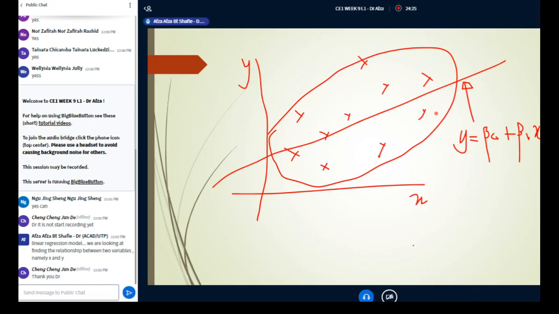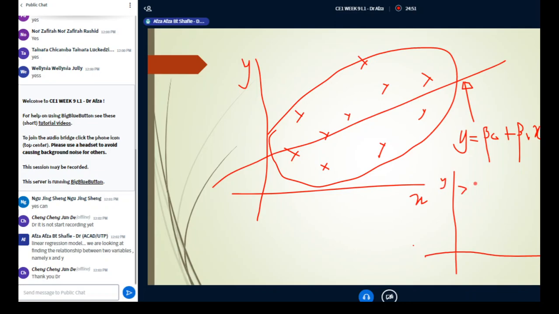Because if you think that you cannot fit a linear line, then there's no point for you to do the equation. Here, you think it's possible to have this equation of y is equal to beta naught plus beta 1 x. Let's say you have a graph that looks something like this. This is your x and this is your y.